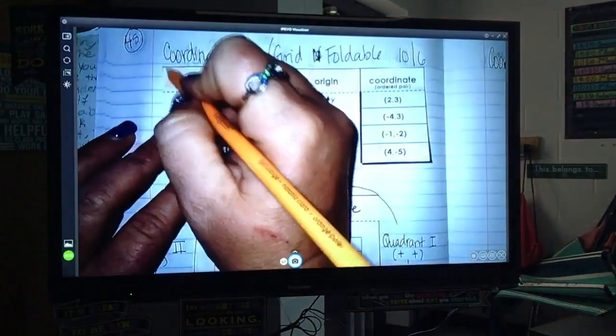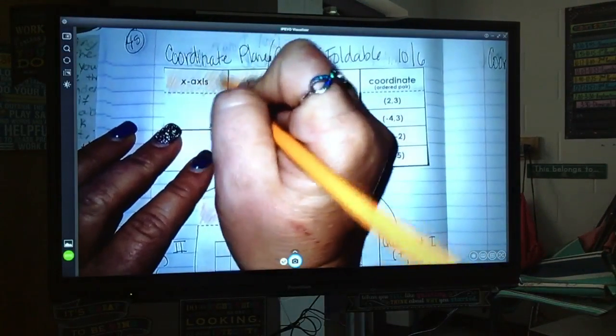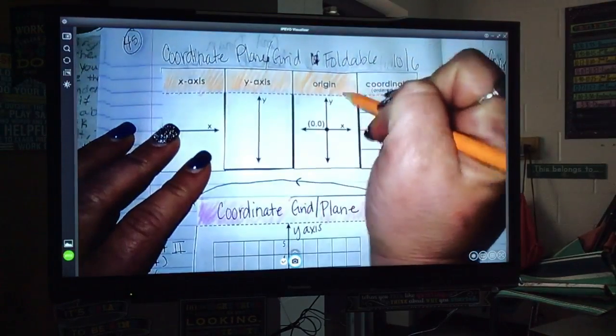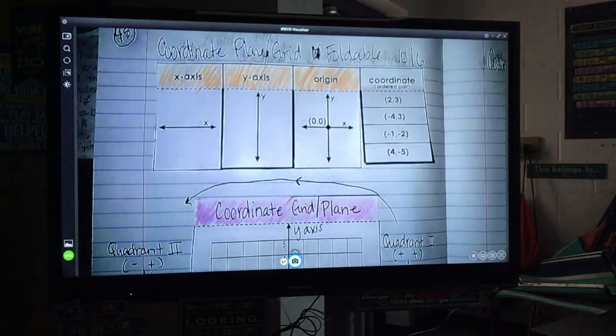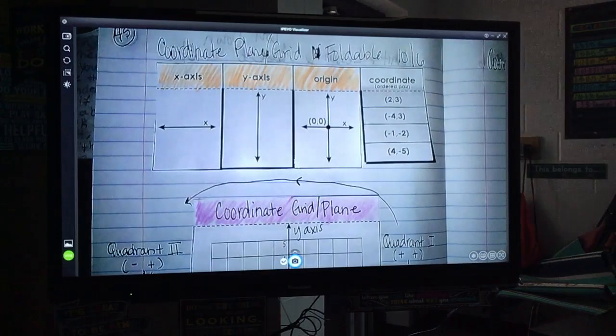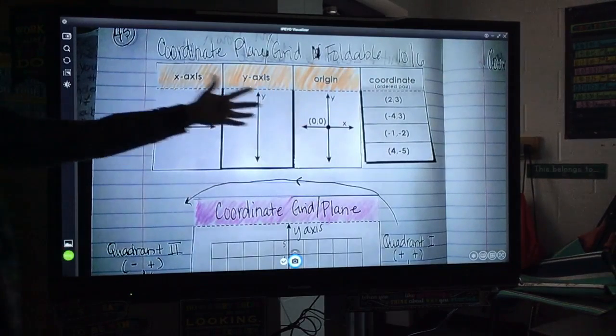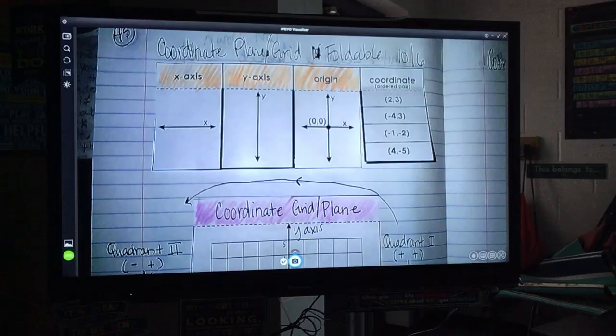Like if you had to guess, why do you think? Michaela? Because they all relate. Yep, they all relate. Without our x-axis, or our y-axis, or our origin, do we have a coordinate plane or coordinate grid? No.